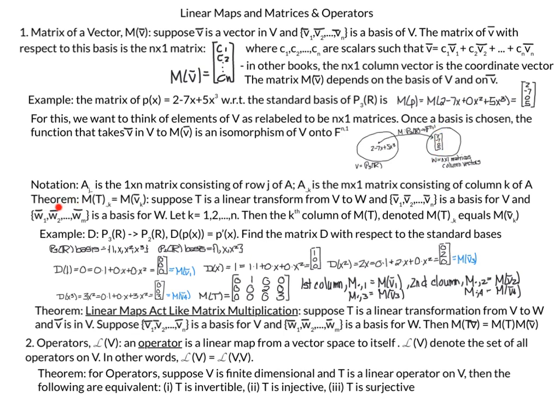We have this theorem then that relates the matrix of a transformation that we discussed in our last video to this matrix of our basis vector that we just spoke about.